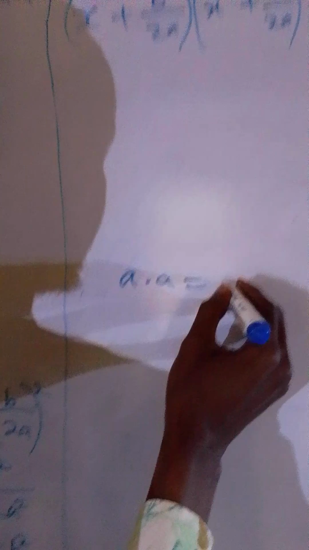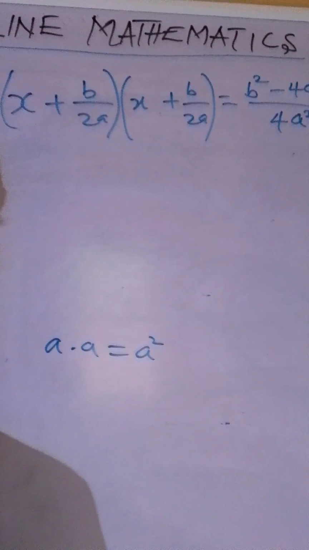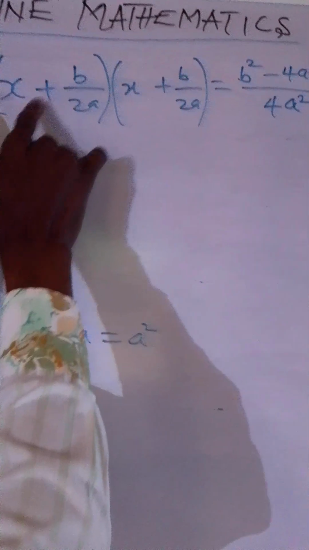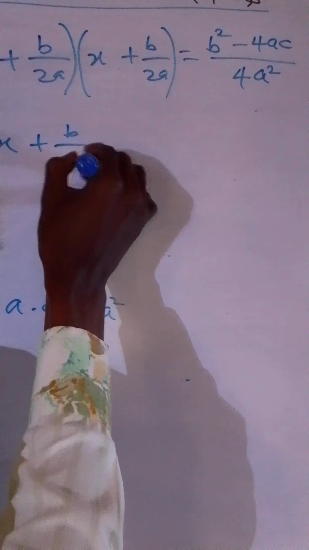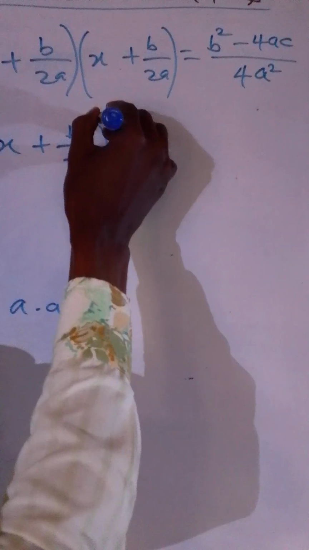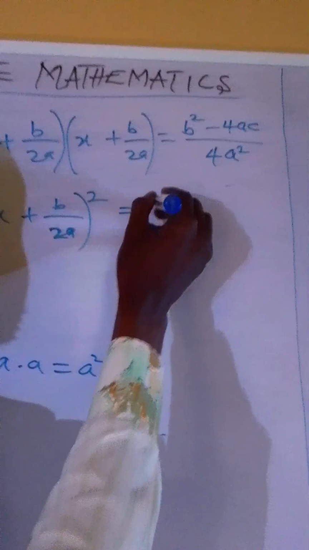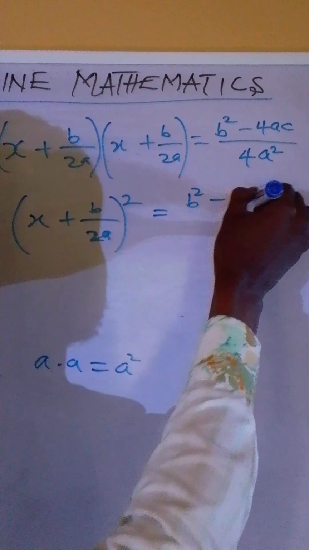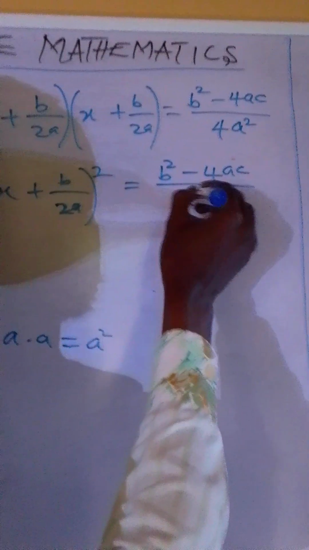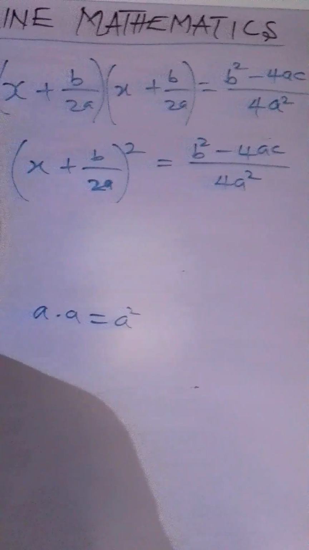It can also be written as a raised to power what? 2. So x plus b over 2a times x plus b over 2a will give us x plus b over 2a raised to power 2 equal to b squared minus 4ac over 4a squared.